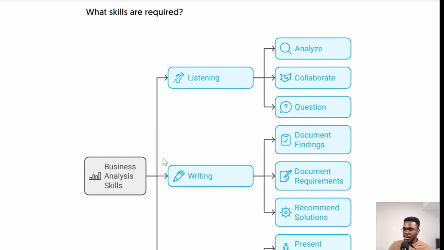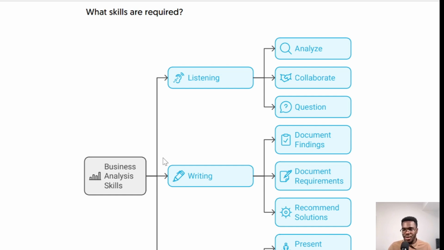You walk into a room where you're having a meeting with a stakeholder, trying to get some information from them, but because both of you are having a conversation, you want to write things out just so you don't forget. So you want to document your requirements, your findings, some key information that they gave to you, and then propose solutions. It's as easy as that.